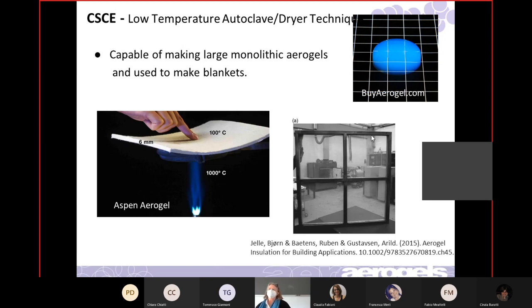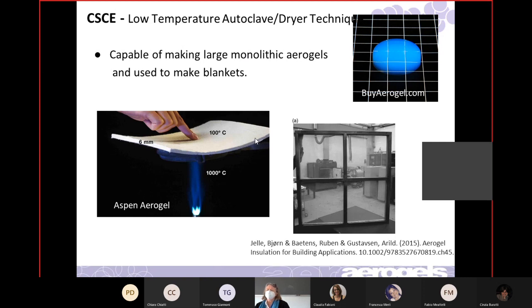This method is used by a company in the United States called Aspen Aerogel. They're another big commercial producer of aerogel material. Cabot Corporation also makes blankets. They have very large pressure vessels.